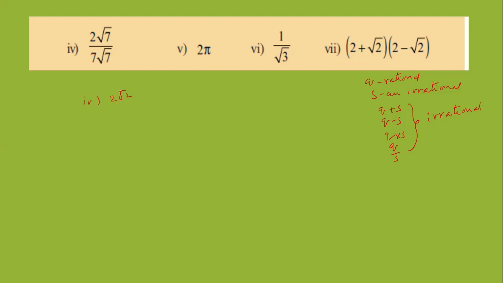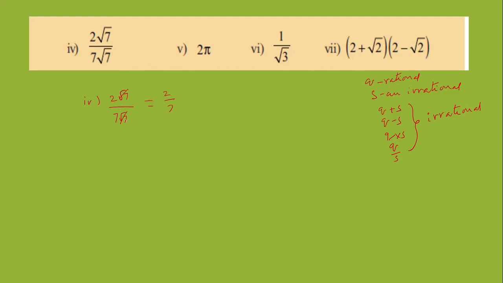We use those and say easily which is rational and which is irrational. Then the fourth one you may observe there: 2 root 7 by 7 root 7.